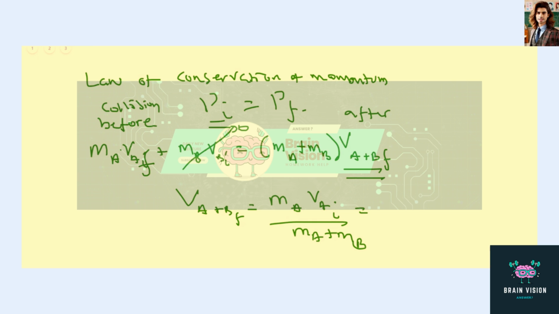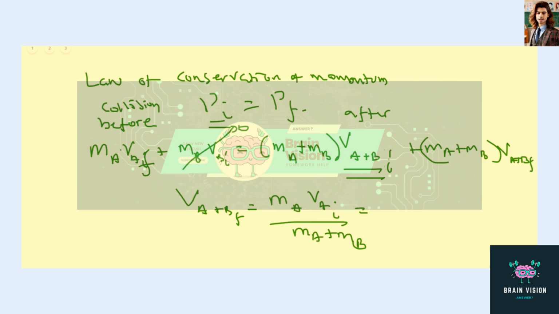So this should be initial like this, the initial of A and B, plus the final of A and B. Yes, this is how we have it.